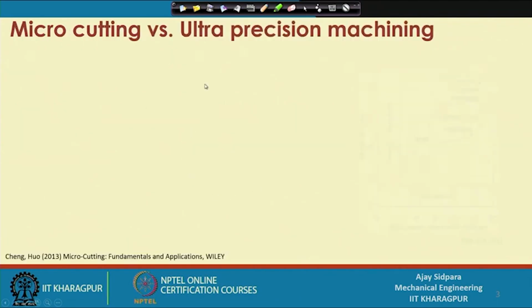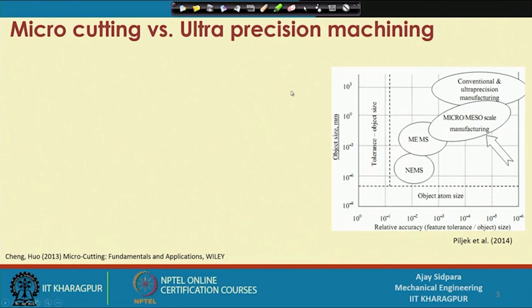Now, we discussed this a long time ago in the introduction section. I am putting this graph here again, because it tells you where diamond turning, or ultra precision manufacturing, sits in a graph of object size versus relative accuracy.